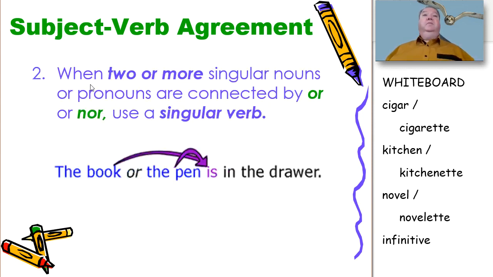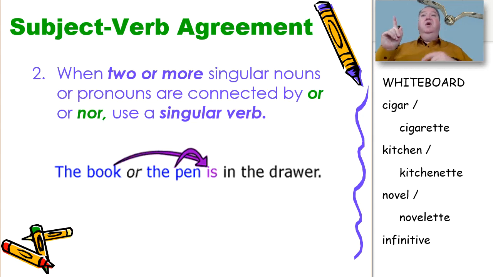Number two, when two or more singular nouns or pronouns are connected by the word or nor, we use a singular verb. So you have a singular and a singular, not and. If you had and, that's plural, but this is connected by or.